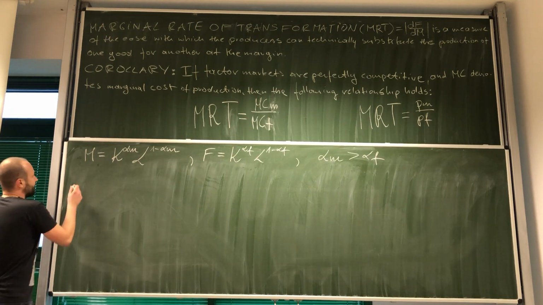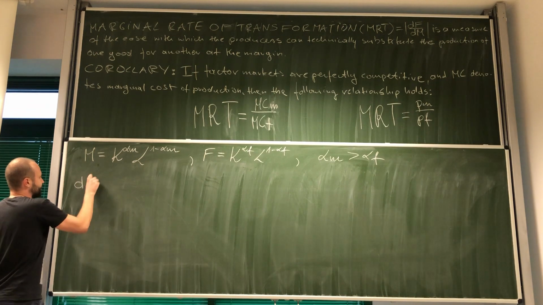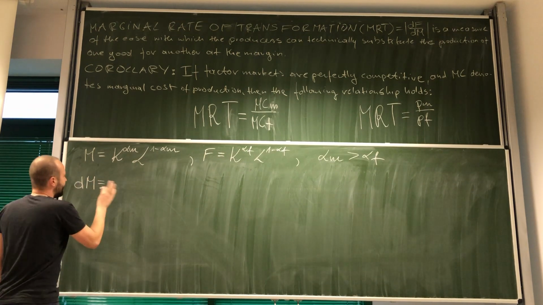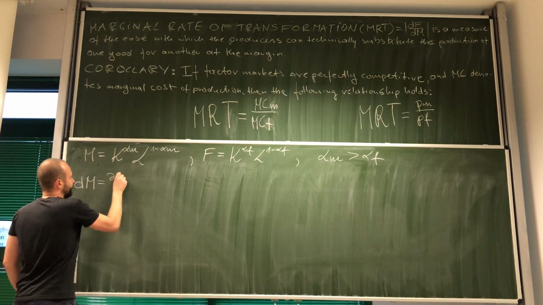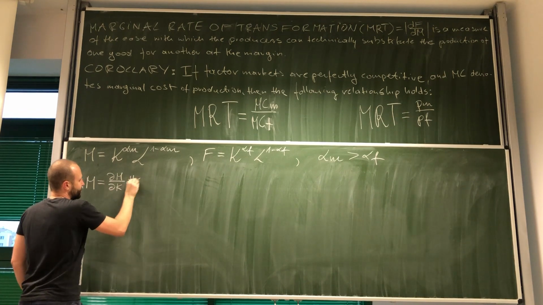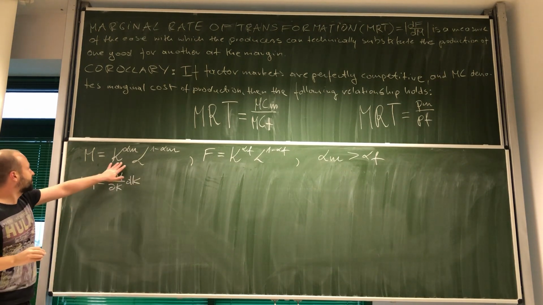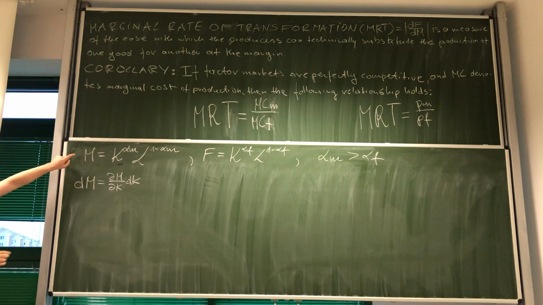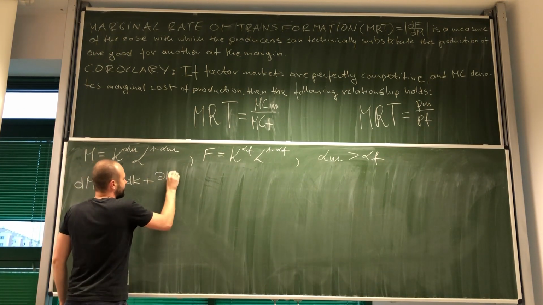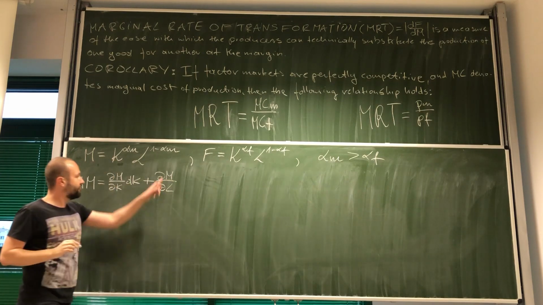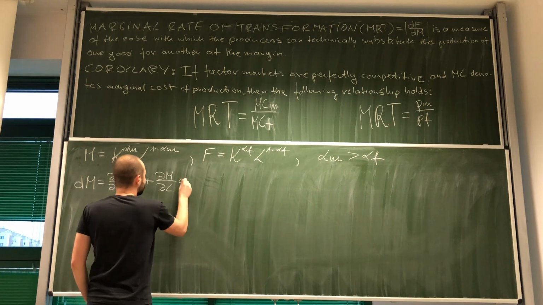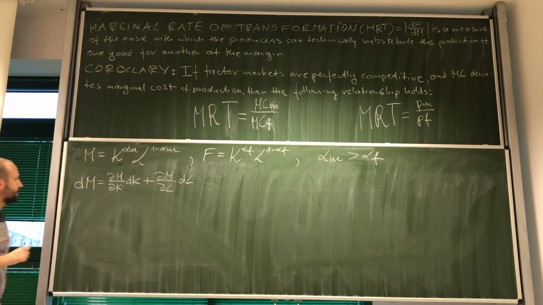So look, if I calculate the differential here of manufacturers, then I get the derivative of manufacturers with respect to capital times the change in the level of capital. This is the first source of change in manufacturers, and the second, of course, comes from the impact of labor on manufacturers times the change in the level of labor.